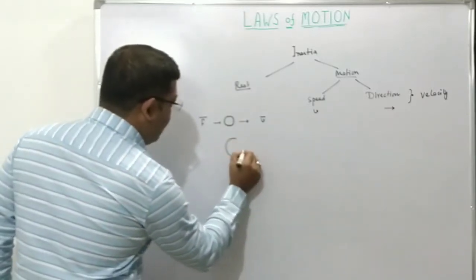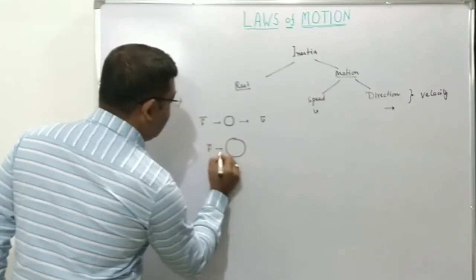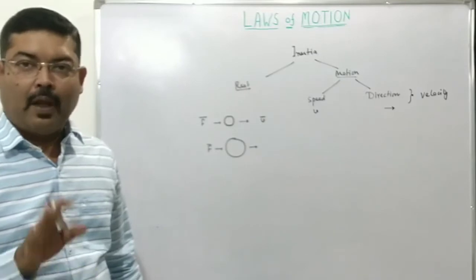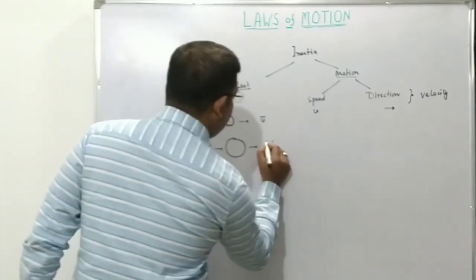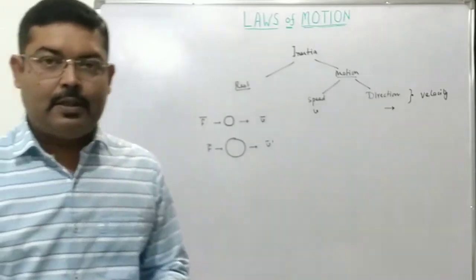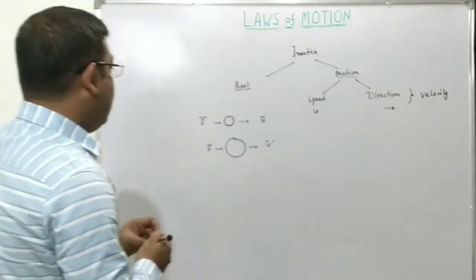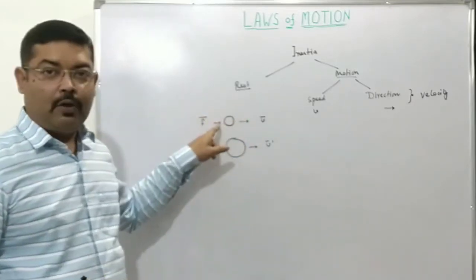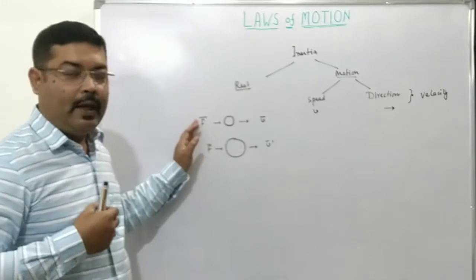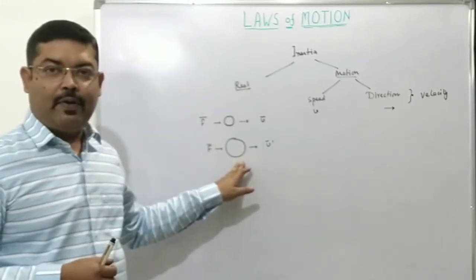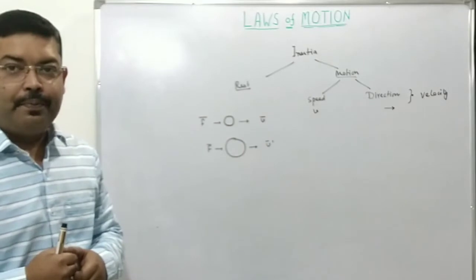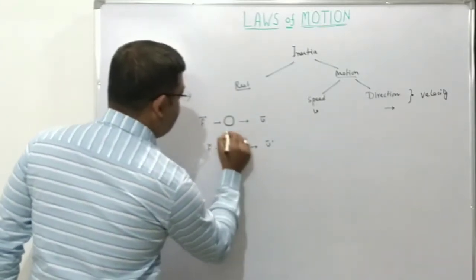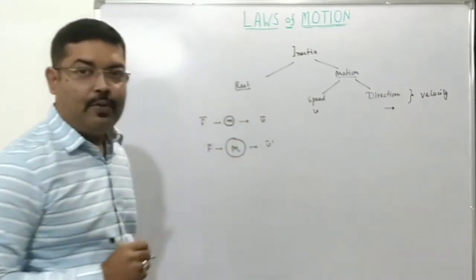If we take a basketball and apply the same force to it, will it move with the same velocity? No, right? It will move with a different velocity, which means that the resistance to change of motion given by the tennis ball to the force F is smaller compared with the resistance given by the basketball. Why is it so? Because the basketball has a larger mass compared with the tennis ball.